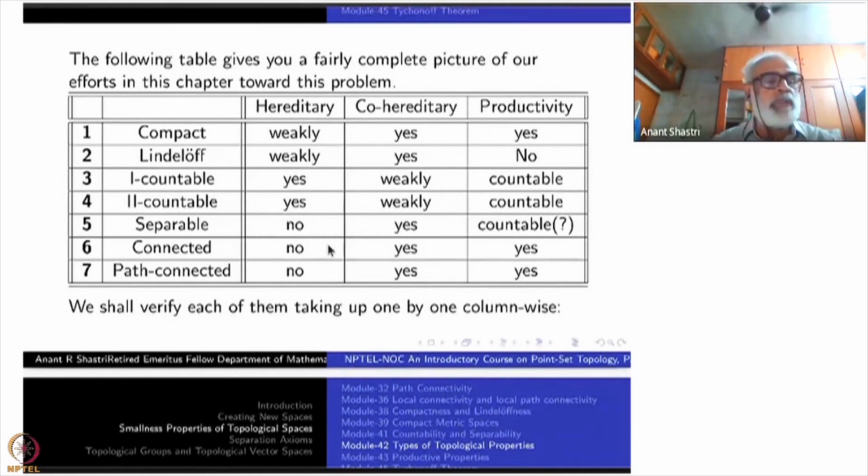Can you see it easily with some example? What is to be done? Take any Lindelof space so that there is a subspace which is not Lindelof. What is Lindelofness? Every open cover should have a countable subcover.